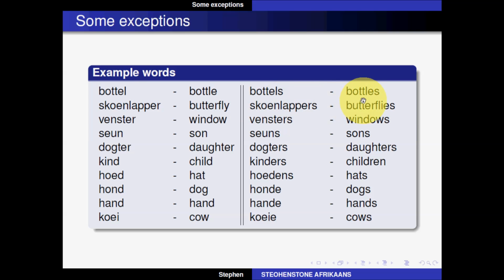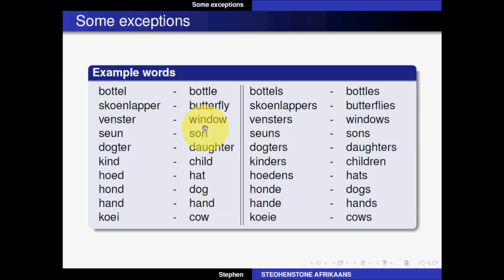The plural, bottles, in Afrikaans is bottles. The word for butterfly in Afrikaans is skoenlapper. The plural, butterflies, is skoenlappers.